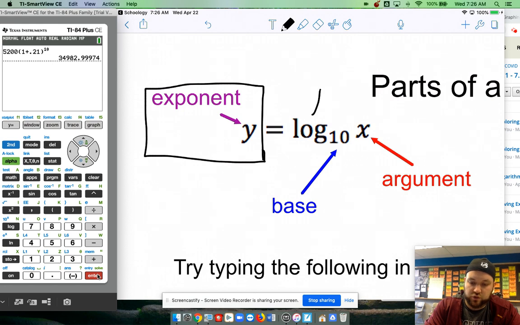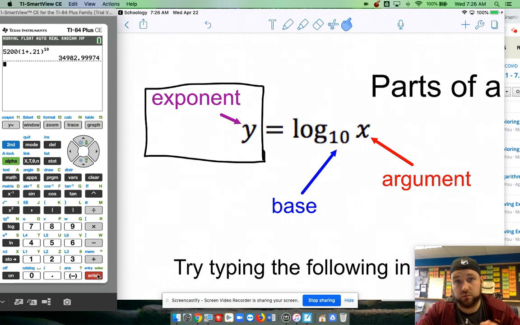LOG just stands for log, but every logarithm has what's called a base number. And that base number is written as a subscript, meaning it's just small and towards the bottom. So in this case, I would read this as log base 10 of x. And then the number that goes in the logarithm is what's called the argument.